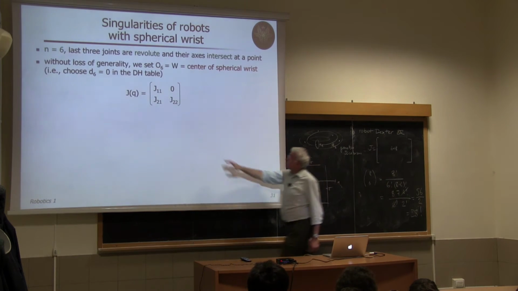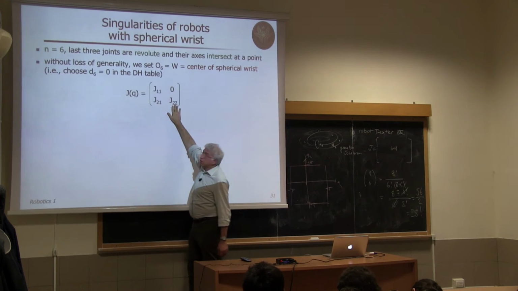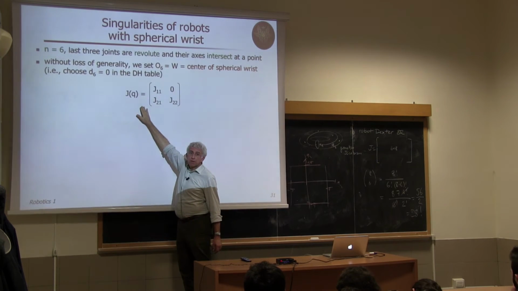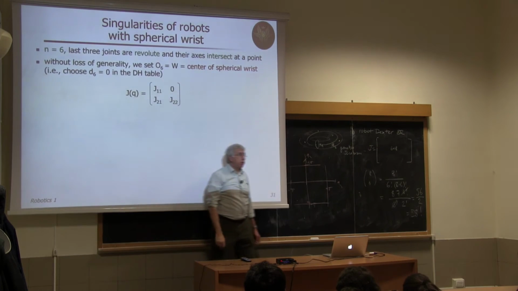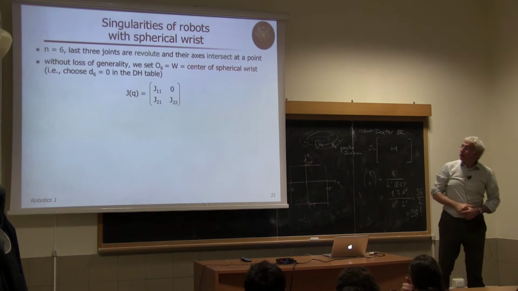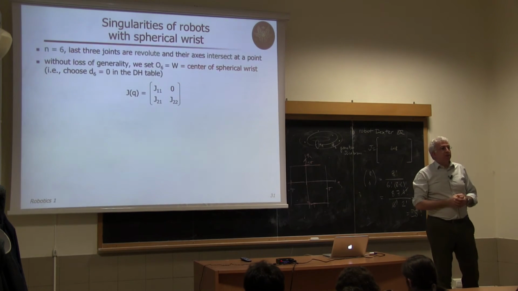So in general, you will have some dependence here. Moving q1, q2, q3 dot, and q4, q5, q6 dot will both give an angular velocity to the frame, but only when moving the first three joints will you have a linear velocity of the origin O6, the center of the wrist. So there is a structural 0.